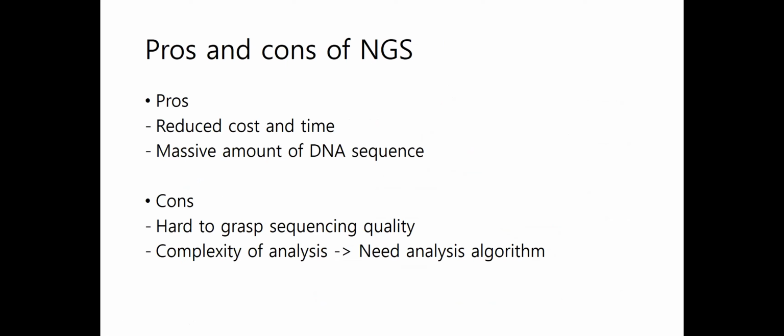The pros of NGS are reduced cost and time, and it can sequence a massive amount of DNA sequences in comparison to single sequences, but the cons are that it is hard to grasp sequencing quality.